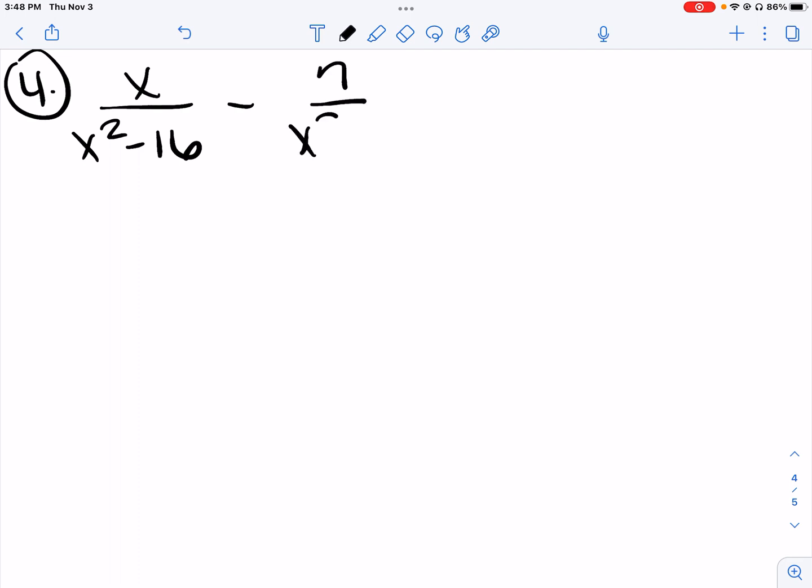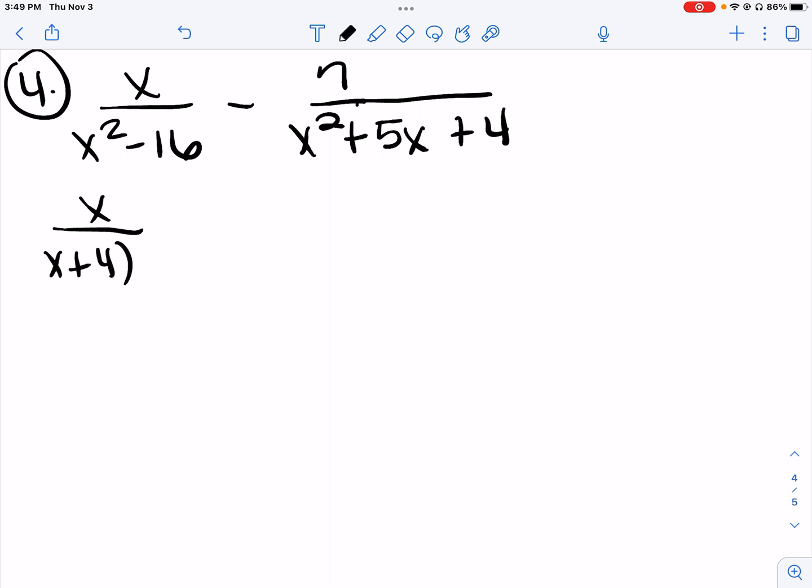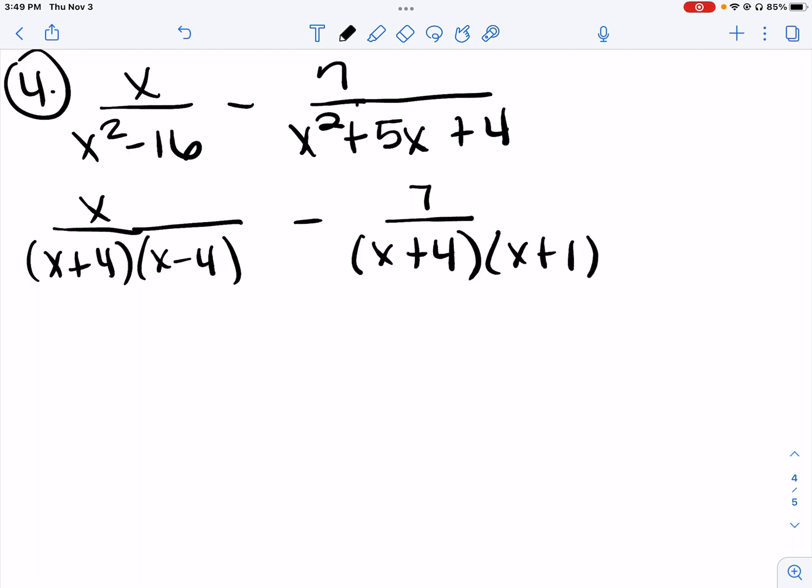Okay, subtraction. Now these denominators have x squared, so they need to factor first. A difference of squares, plus 4 minus 4. The right bottom is a trinomial with an understood 1, so multiply to 4, add to 5.